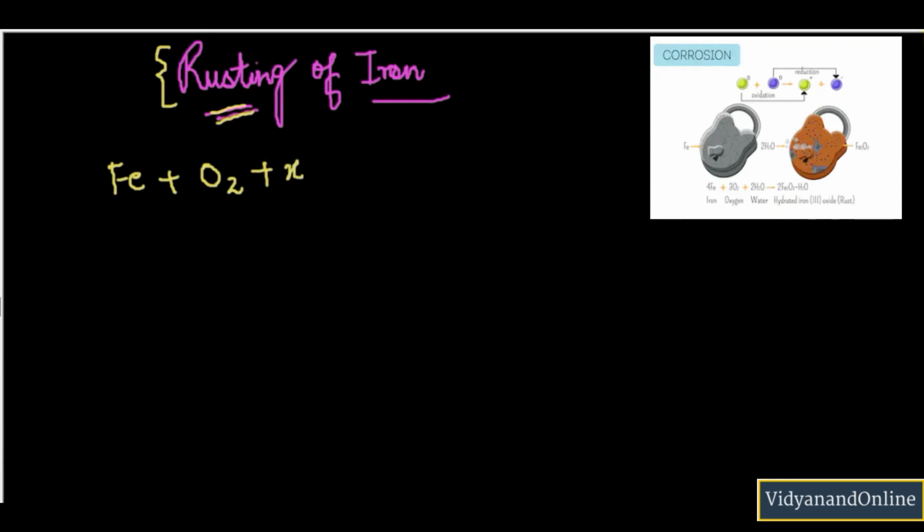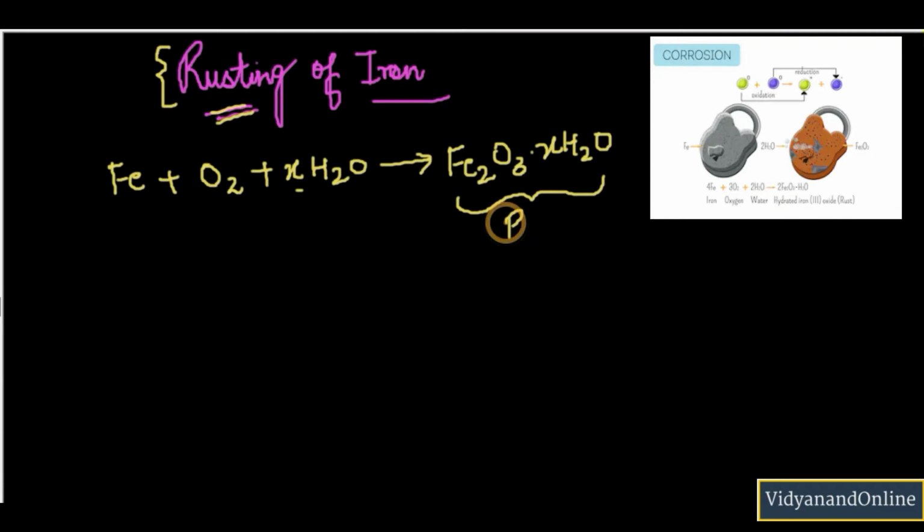There can be any number of water molecules, so that is why I am writing X here. Now what happens is, this iron gets oxidized and forms Fe2O3.XH2O. This is the formula for rust, which is orange in color.